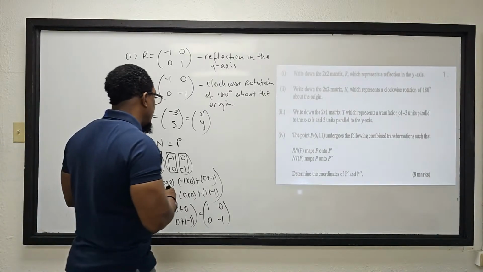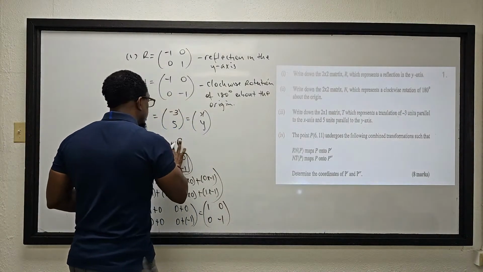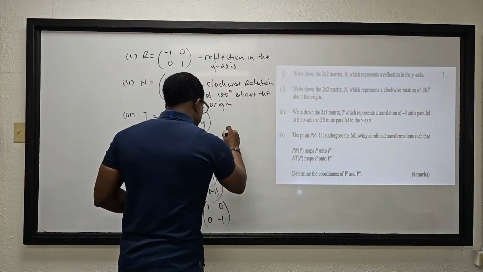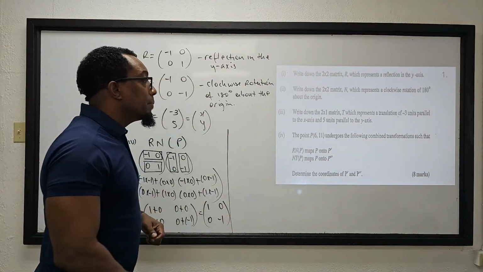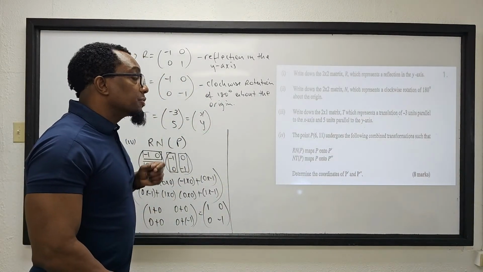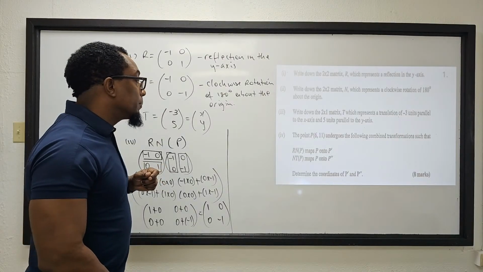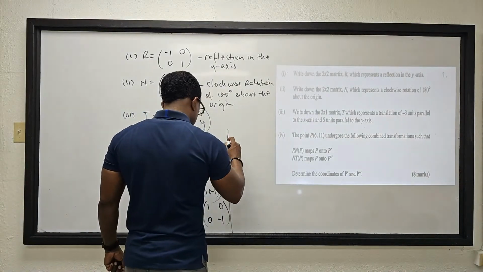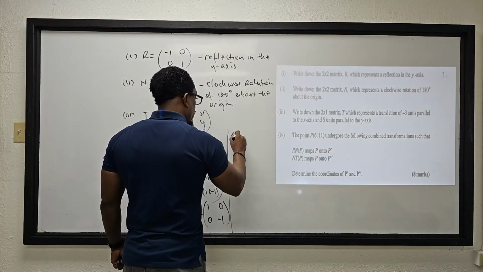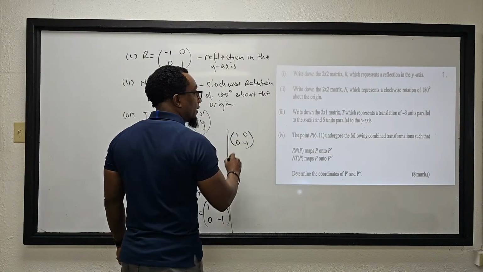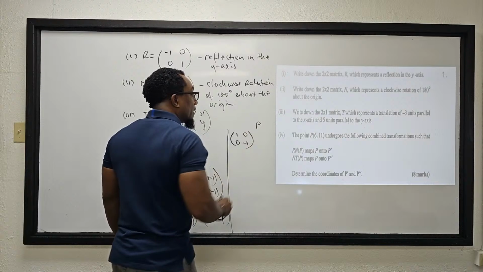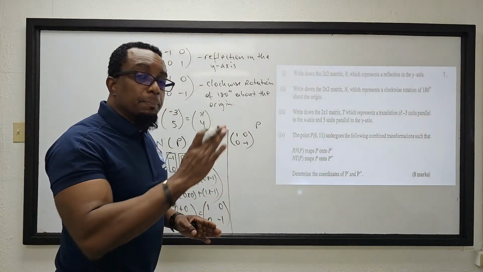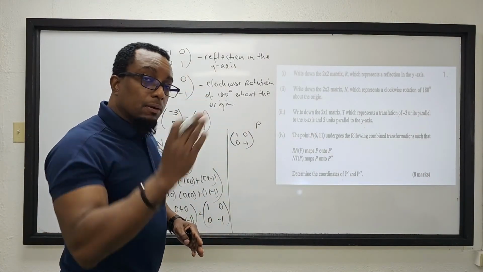Alright, so let's multiply Rn by P to give us P prime. For us to move from our object point to the image point using this combined transformation, I'm going to multiply Rn, which is 1, 0, 0, negative 1, by the matrix P, and now I'm going to convert P from a row form to a column form.